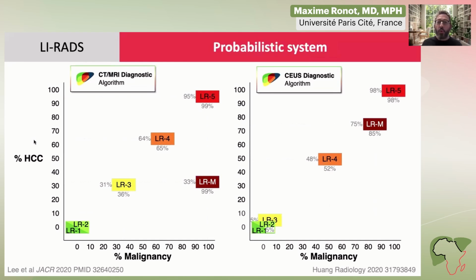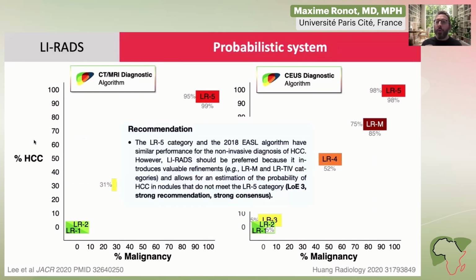That's also why the guidelines acknowledge that the LIRAD 5 category, which is the high probability category, is pretty much equivalent to the previous EASL system, which was a binary one, HCC, not HCC. But the new system provides more categories, especially the one I told you about, LR-M, and also a more granular approach to the probability of the tumor.